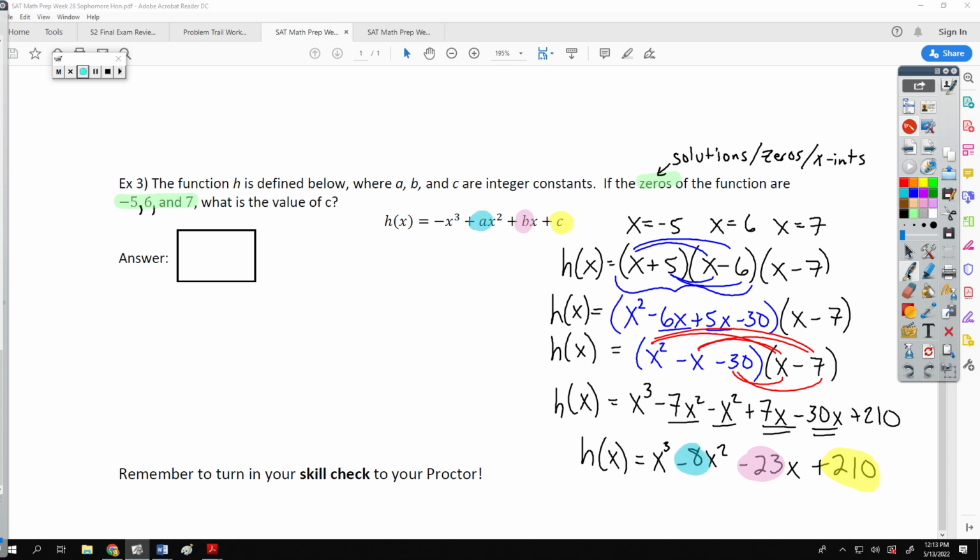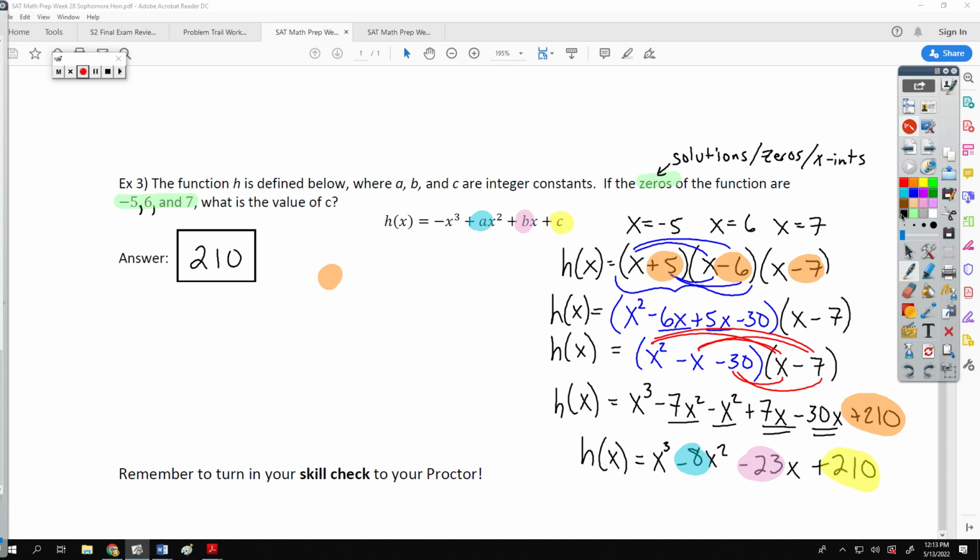Now it's worth noting that you didn't actually have to do that to get the answer 210. If we just consider the original factors here, and we look specifically at 5, -6, and -7, those are going to be the numbers that turn into this 210.